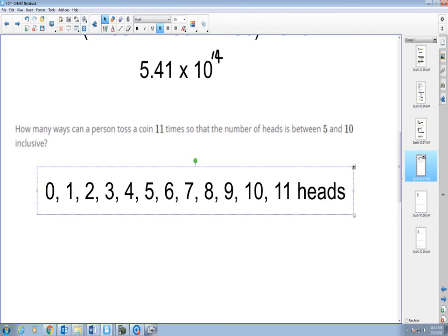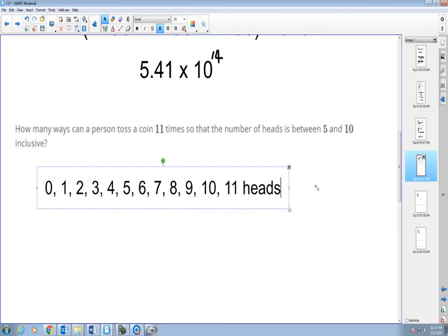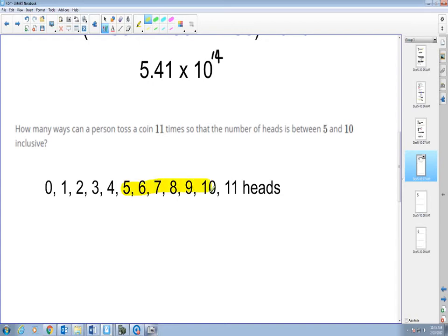This problem wants between 5 and 10 inclusive. So what I want is 5 all the way up to 10. The other ways are what I don't want.